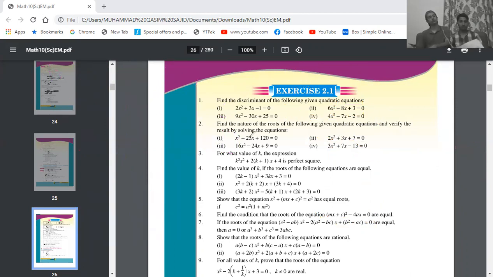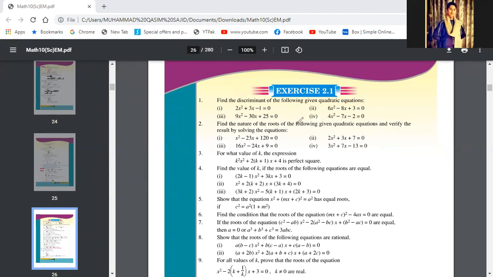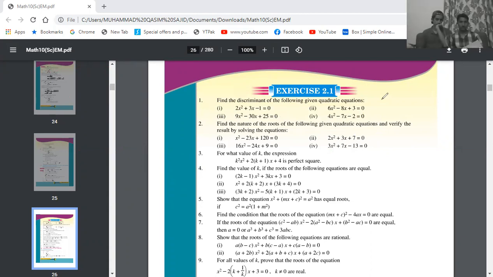Now for question number 2, find the nature of the roots. Nature means that we have to find whether the value is greater than 0, less than 0 or equal to 0. So how to do it? For this, the questions we solve are question number 3 and question number 4.